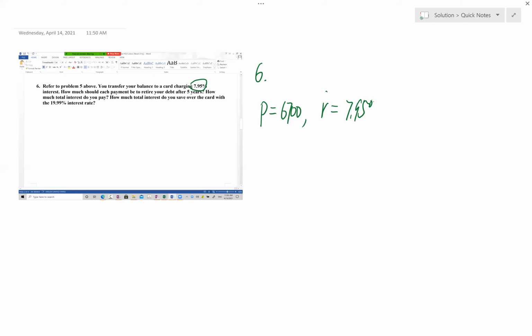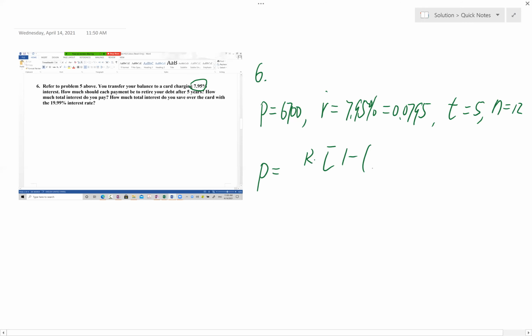And T is the same, 5 years, pay off in 5 years. The number of compounding periods is the same. Now, similarly, we try to find out what the regular payment is. It should be a lot less because the rate is much lower, but we never know until we get the actual number, like how much lower that is.